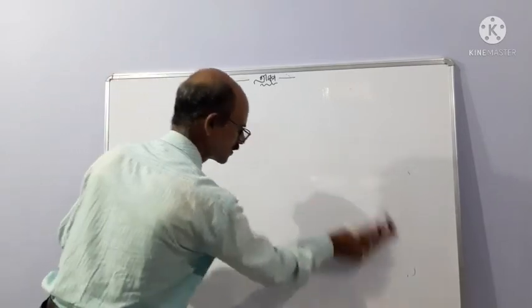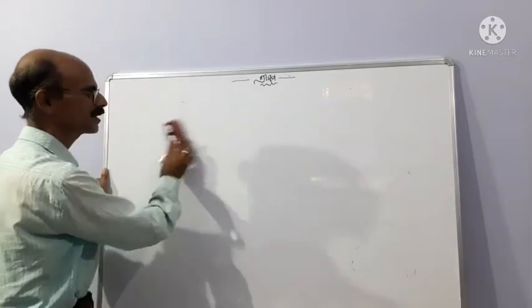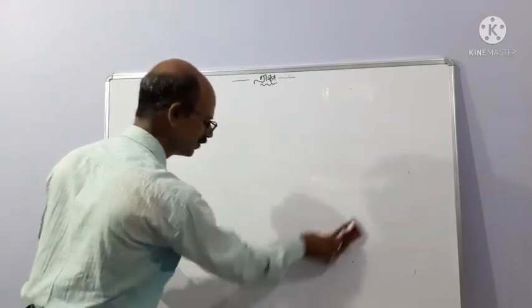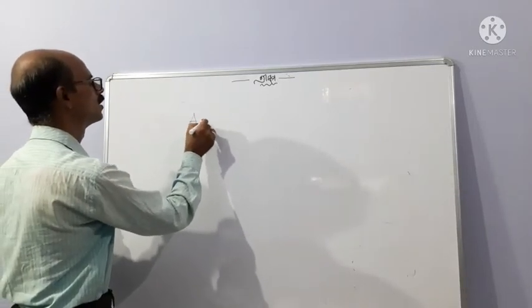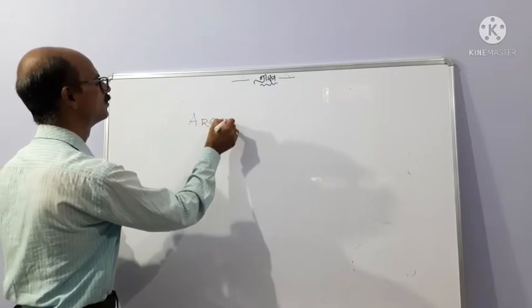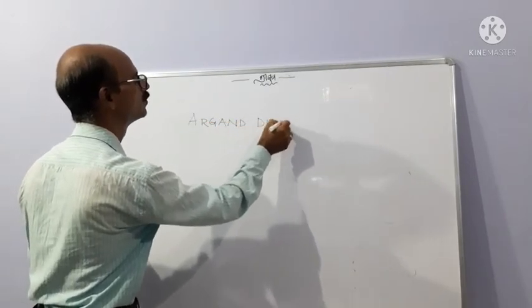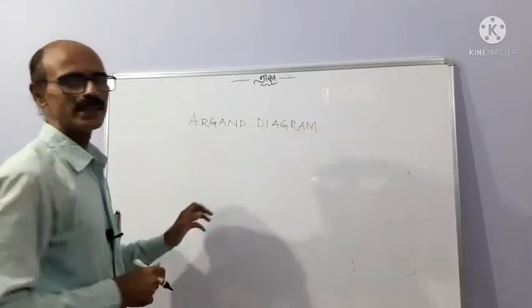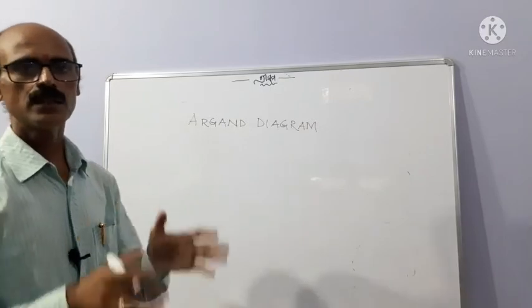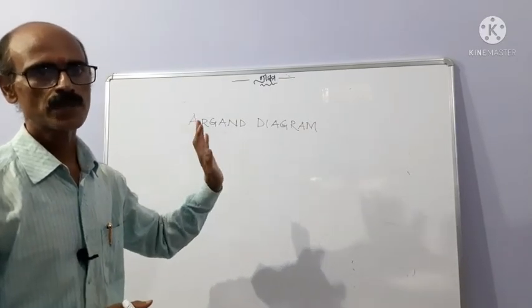Then we will discuss a fundamental diagram in the complex number. For complex numbers, the fundamental diagram is called the Argand diagram. Actually, this diagram is the graphical representation of complex numbers.